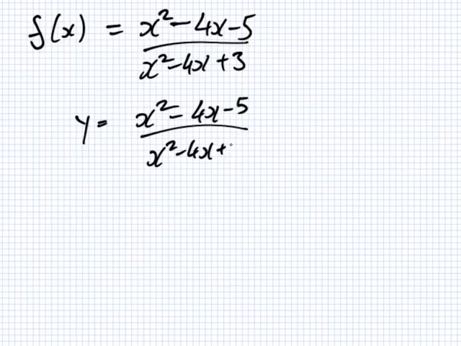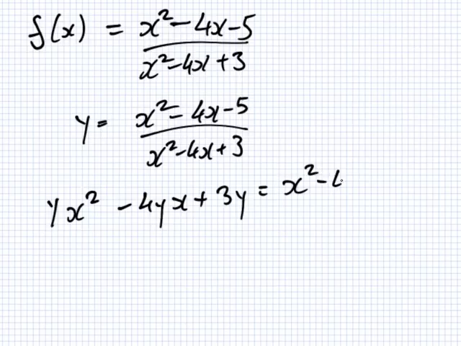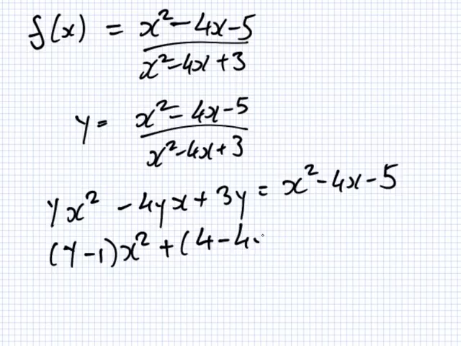Step 2, try to make it an equation equal to 0. So, by cross multiplying, you have yx squared minus 4yx plus 3y equals x squared minus 4x minus 5. Taking everything to the left, we have y minus 1 times x squared plus 4 minus 4y, or minus 4y plus 4, if that's what you wrote, that's fine.